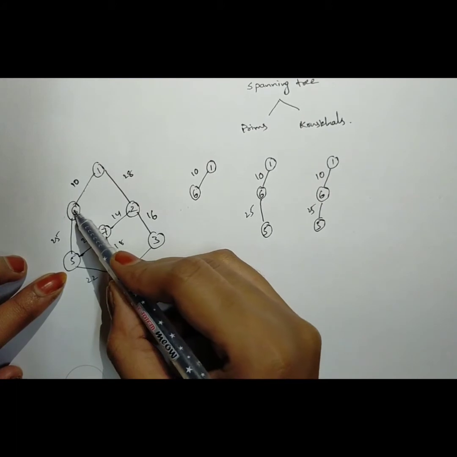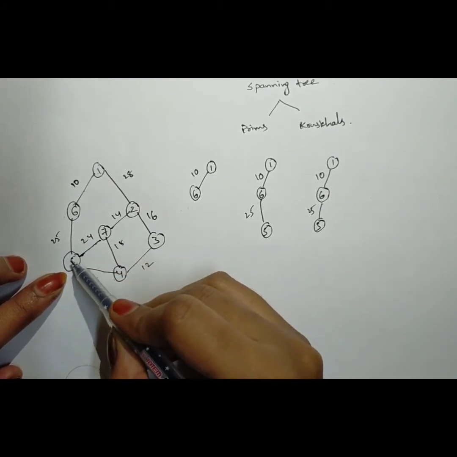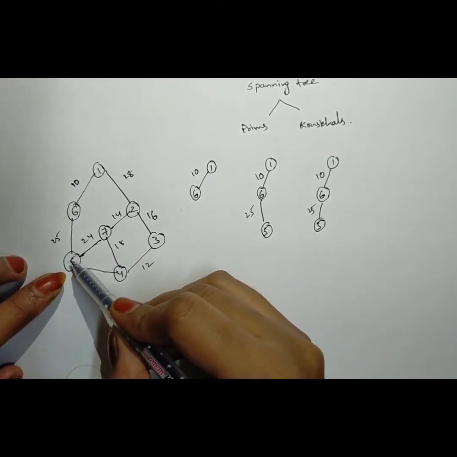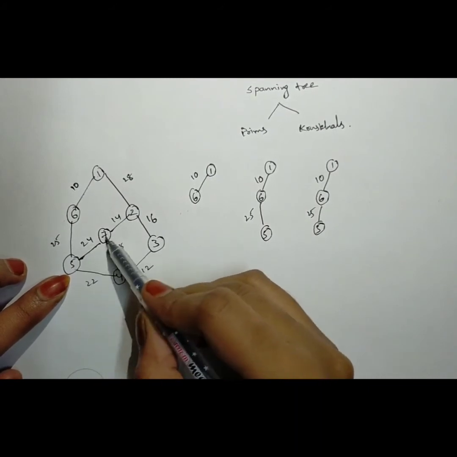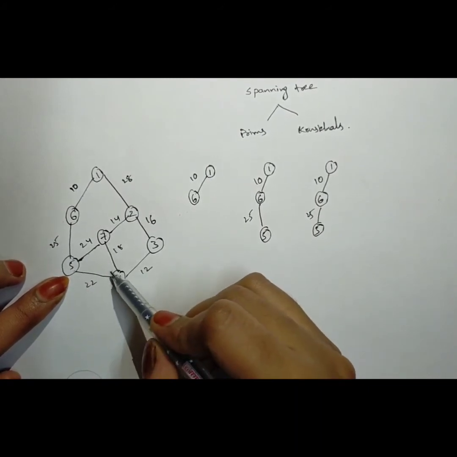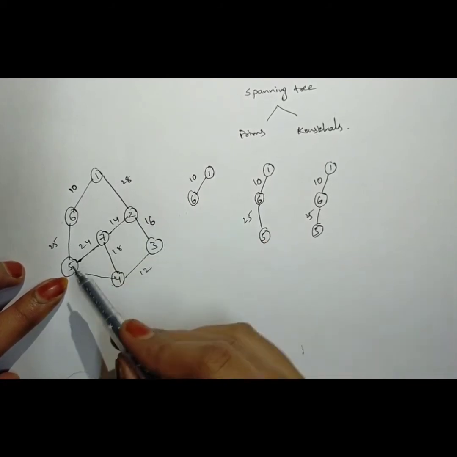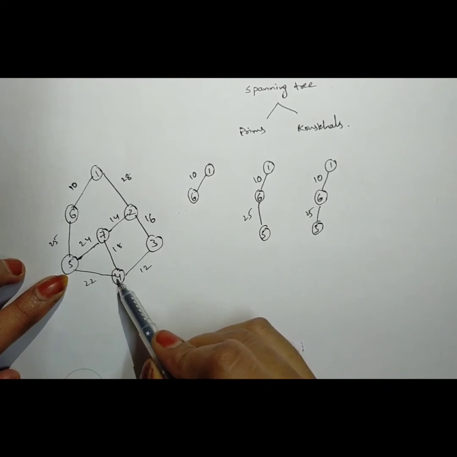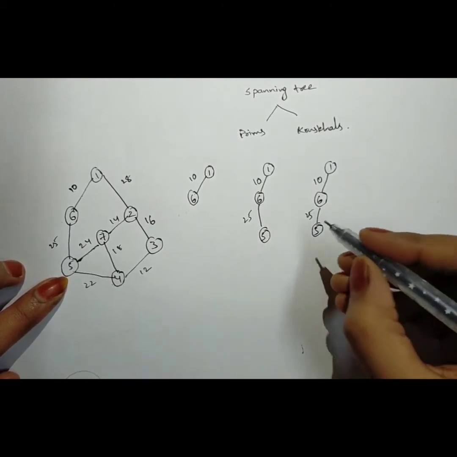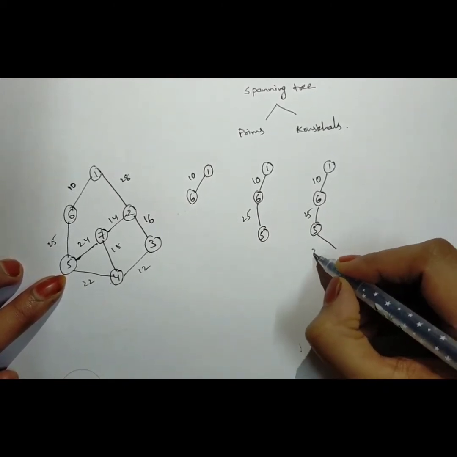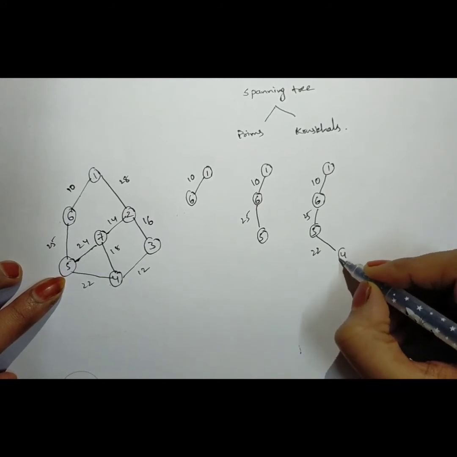As we have moved from vertex 6 to 5, we are not supposed to choose that edge. Now there are 2 edges, 5 to 7 and 5 to 4. At this point you need to choose the minimum weighted edge. From 5 to 4, this is the minimum edge, so I am choosing 5 to 4.